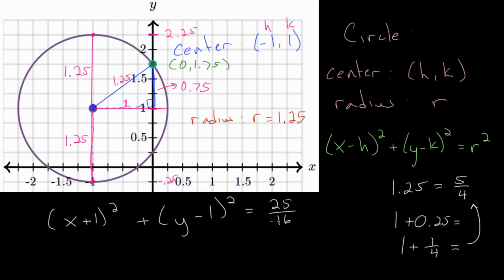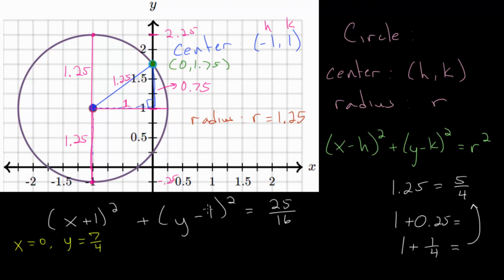I did mention we can test this. We can plug in this coordinate point here and see what we get. So we plug in x is 0 and y is 1.75, which is 7/4.